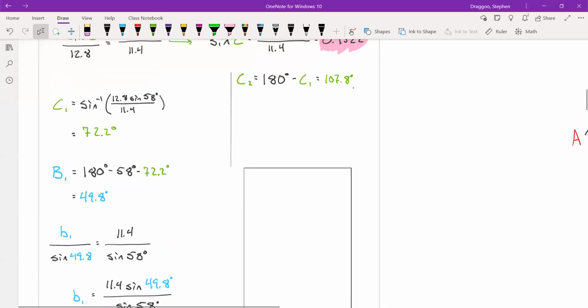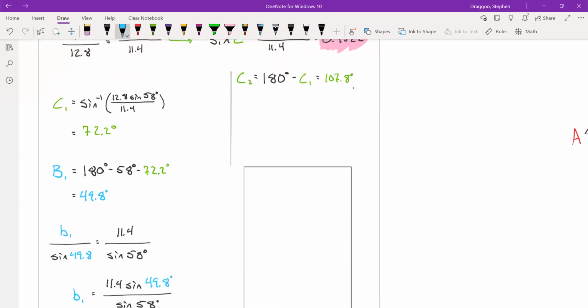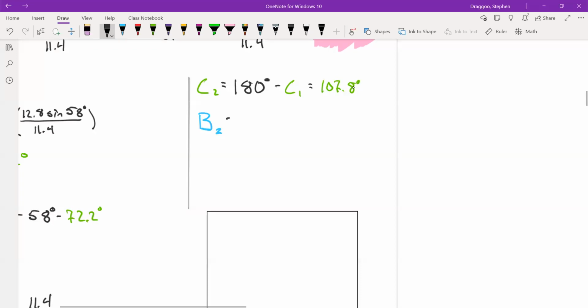And to do that, I'll start working with angle C2 instead of angle C1. So I forget about everything I just did. I need to resolve for everything. The first step was solving for C2, although we got that one already. But once I have my first new angle, then I can go get my second new angle, B2.